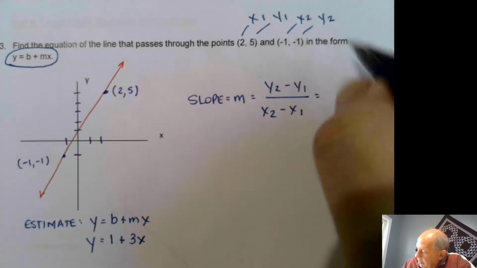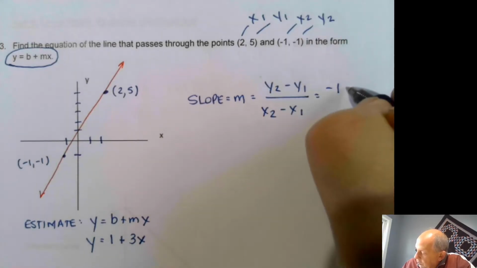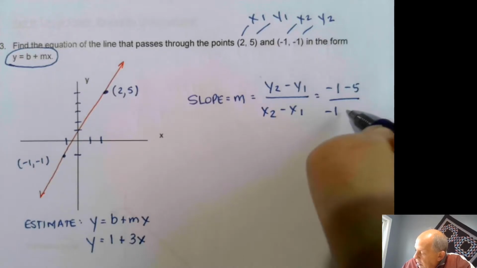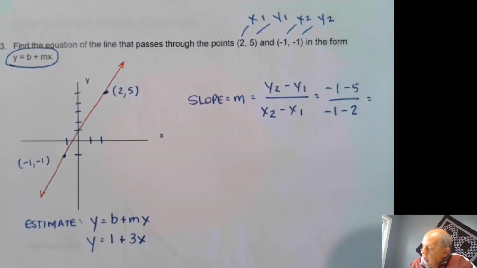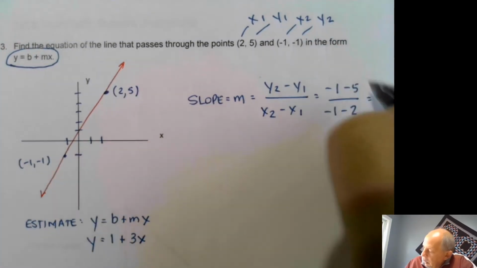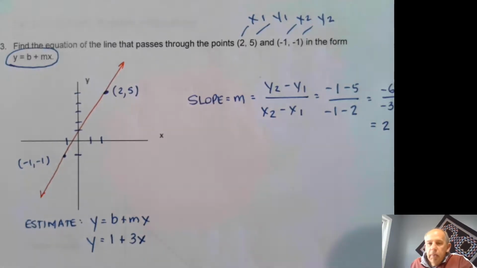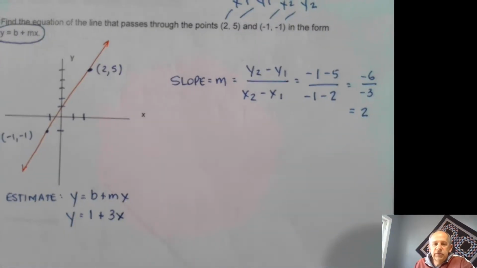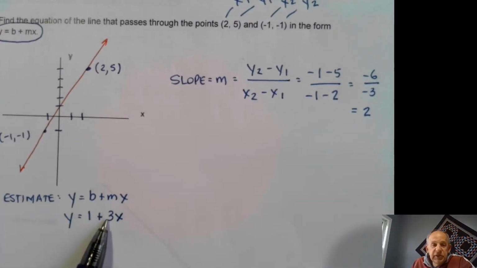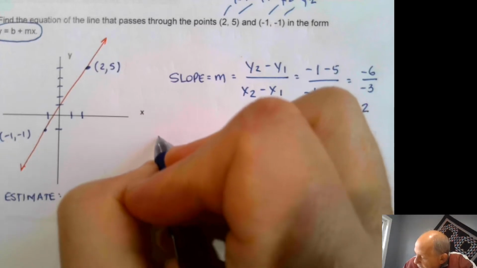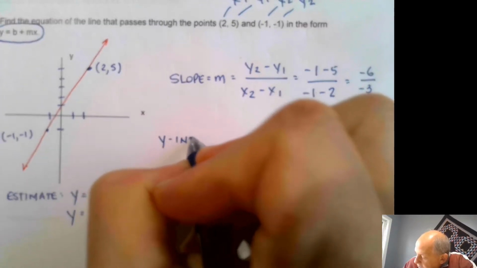Let me plug in the values: -1 minus 5 over -1 minus 2. So I have -6 over -3. My slope was +2. I guessed +3, which was pretty close. It ended up being +2. Not bad.